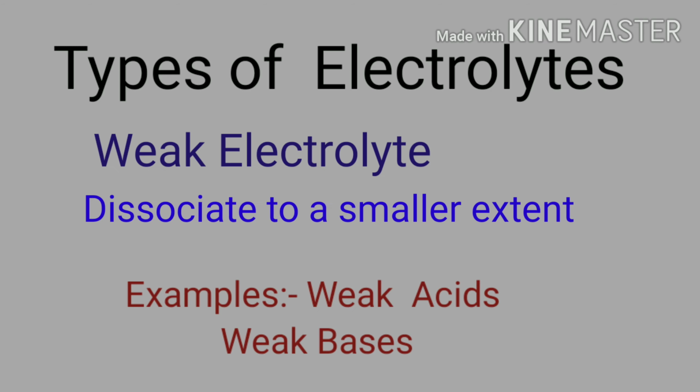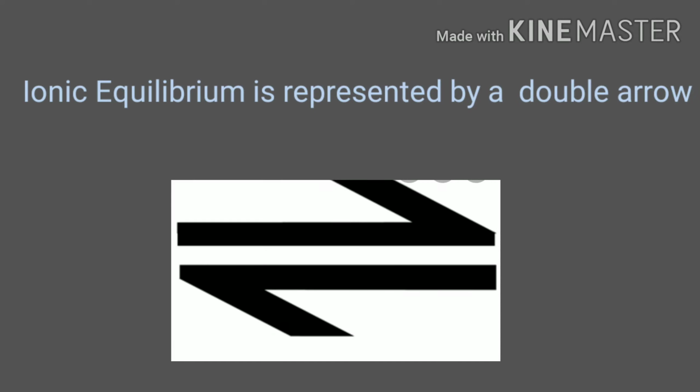Weak electrolytes are those which dissociate but to a smaller extent in aqueous solution. They do not dissociate completely, and examples are weak acids and weak bases. We know that the equilibrium is established between ions and non-ionized molecules. Hence, ionization reactions are represented by a double arrow between ions and non-ionized molecules.